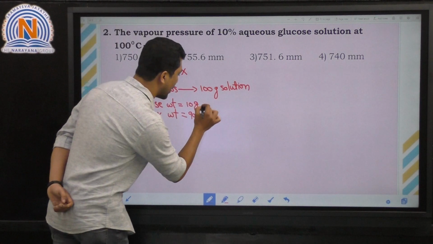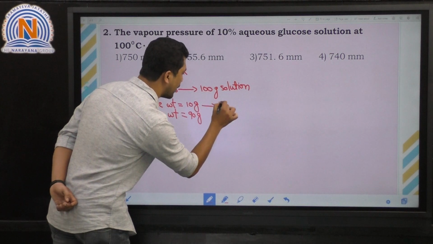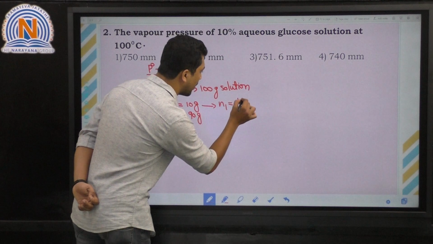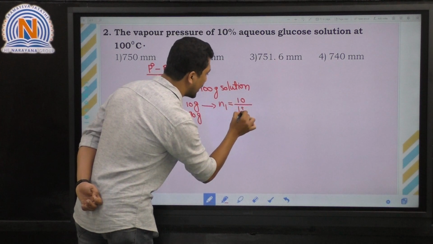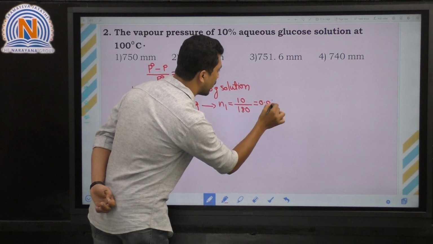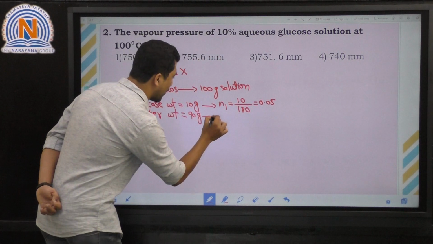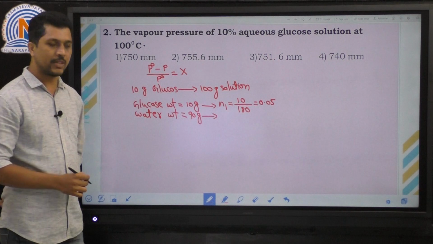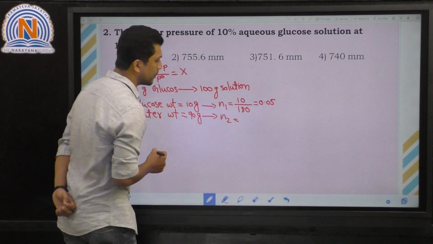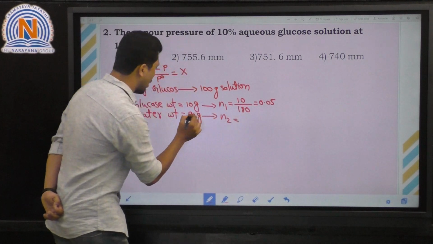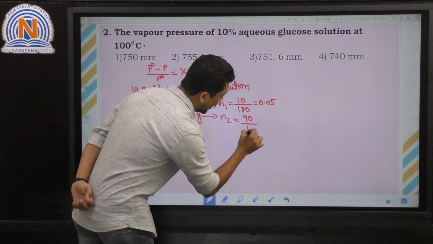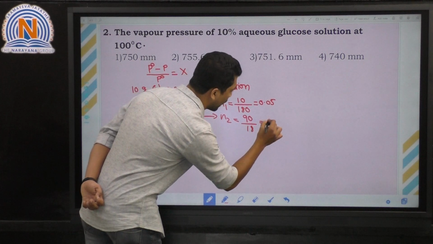The number of moles of glucose, N1, equals 10 by 180, which is 0.05, and the number of moles of water, the solvent, N2, equals 90 by 18, which is 5.